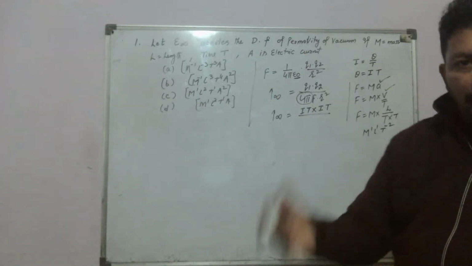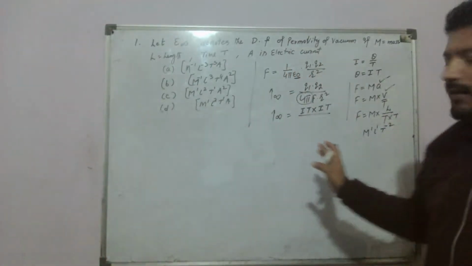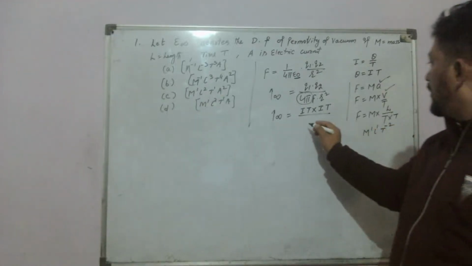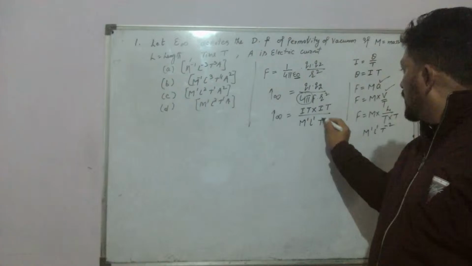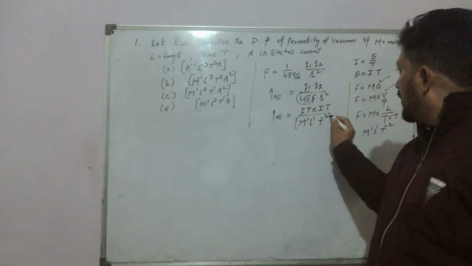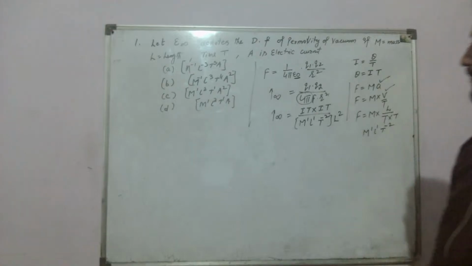If you are a beginner, otherwise you write the formula directly. So we write here M1 L1 T raised to power minus 2, and here R square means length square, L square.